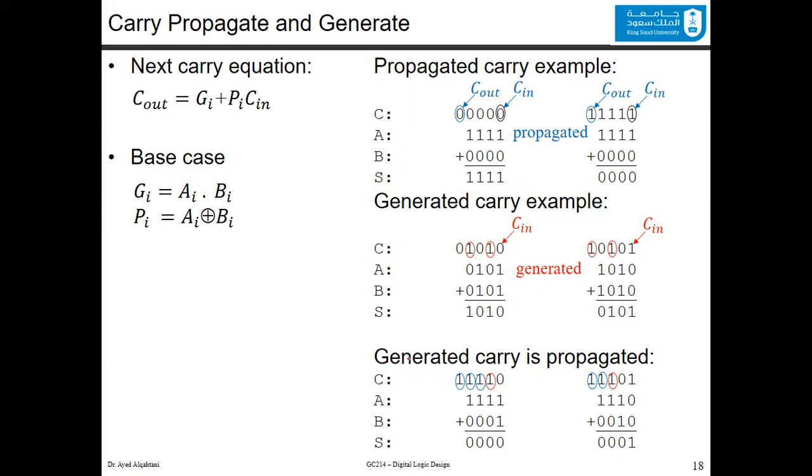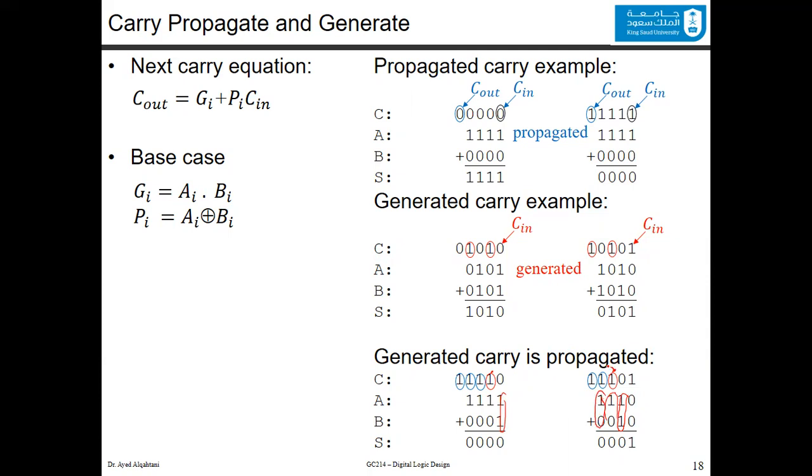Now, here is a mixed example where you have a generation. After that, you will have this generated carry propagated to next stages. You can see that the generation is satisfied here and also here. And because of this, you have 1 in the next bit that were generated. And after this, you can notice that in those two stages, the propagation is satisfied.